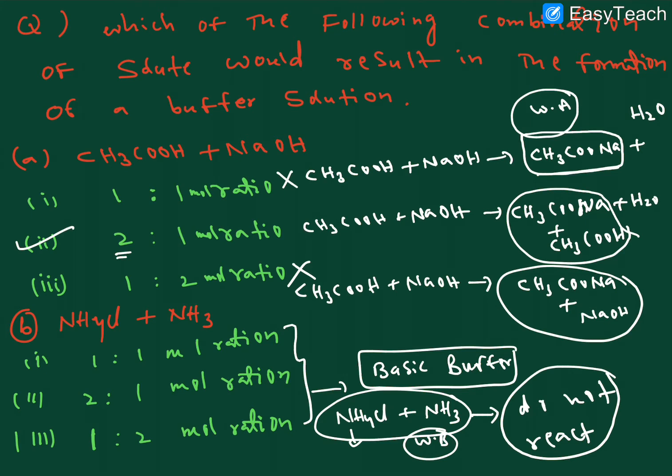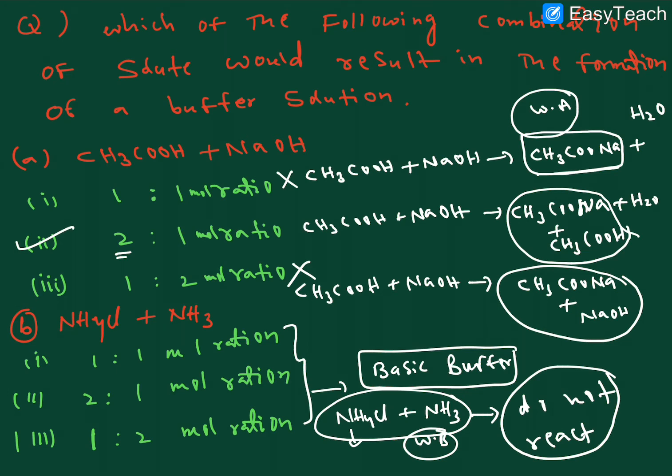Since they do not react, the weak base and its salt of a strong acid remain the same, so that acts as a basic buffer solution. I hope it is clear. You understood this question well, right? So far we have discussed what a buffer solution is and the classification of buffer solutions with examples, and some model questions.